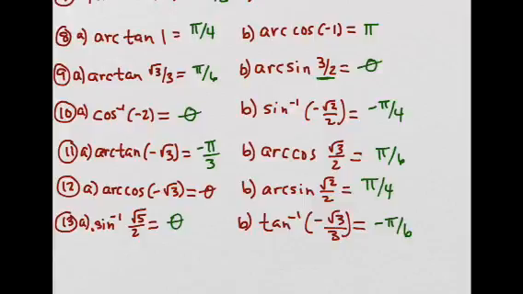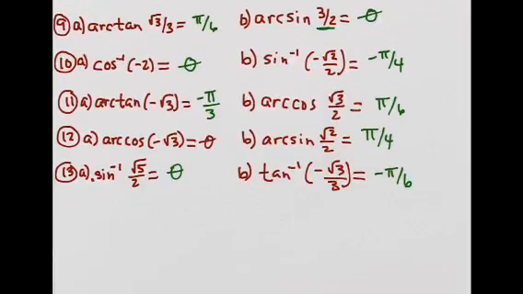Okay, and besides knowing the unit circle, you just have to remember the restrictions for the three functions. So for arc cosine, you know that it has to go between 0 and pi. So the answers have to be between 0 and pi.